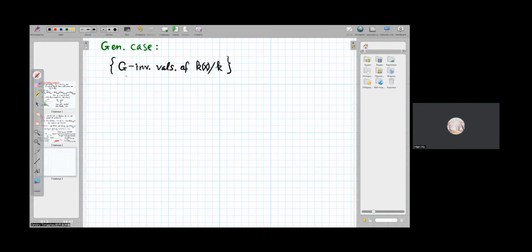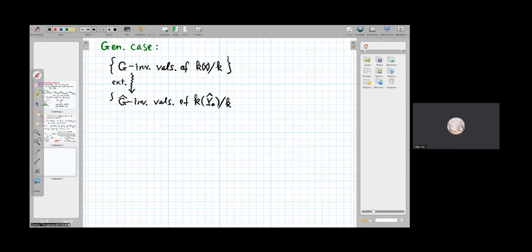And each of these valuations can be extended, as we already know, to a G-hat invariant valuation of the function field of the affine cone over X, or maybe over the open orbit in X. I do not assume X to be projective or quasi-projective, so it's better to take the open orbit in X. It is always quasi-projective, and we take the affine cone over this open orbit.